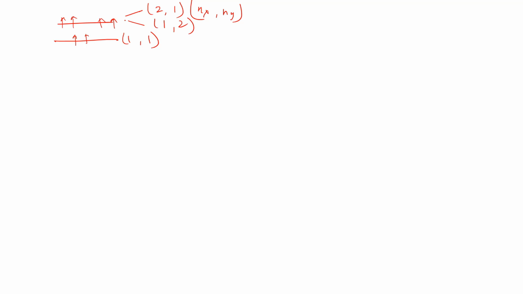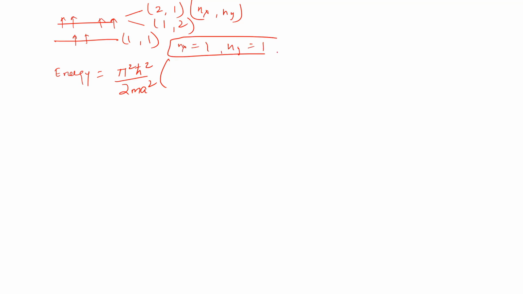So what will be the energy in terms of pi square h cross square upon 2ma square? First we will go for 1 1. When nx is 1 and ny is 1, there are 2 electrons, so 1 plus 1.